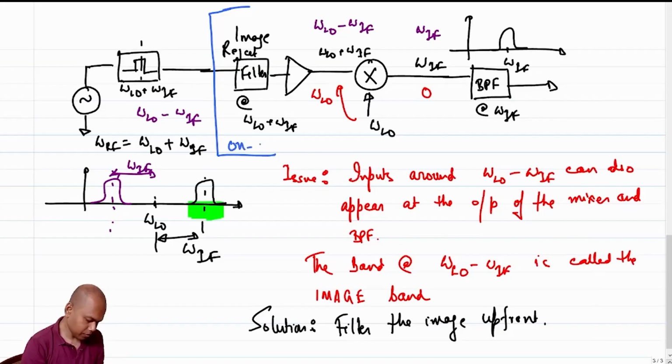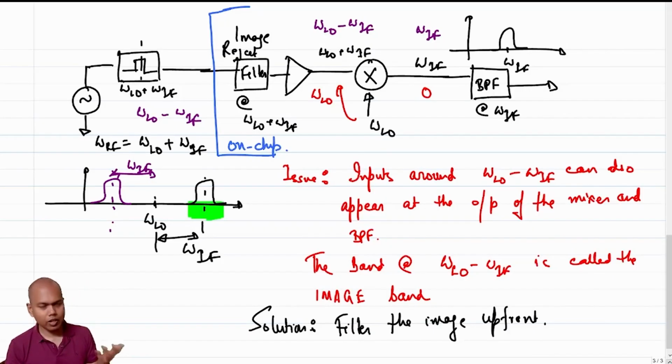This is on chip, right? Now the location of the filter can be before the LNA or after the LNA. That is a system level call, but nevertheless it is very common to see another separate image reject filter if the rejection provided by the SAW filter upfront is not large enough. Okay.